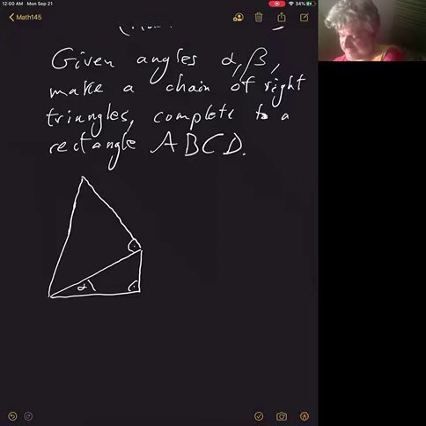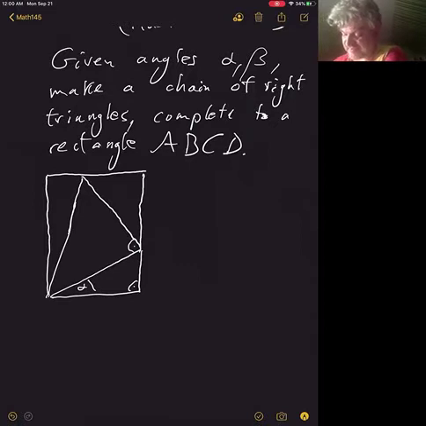By which I mean, we continue this straight up until we are at this level. We go straight up here and then go across horizontally so that we have a rectangle.